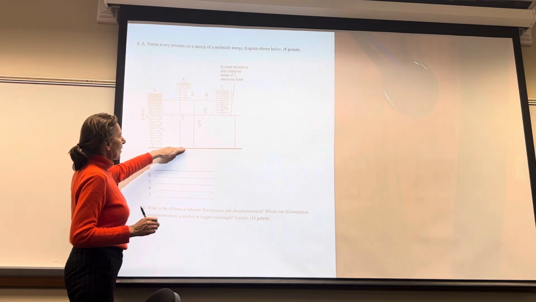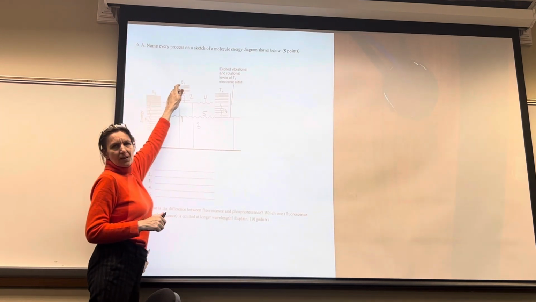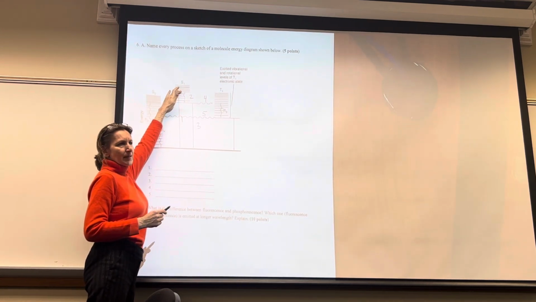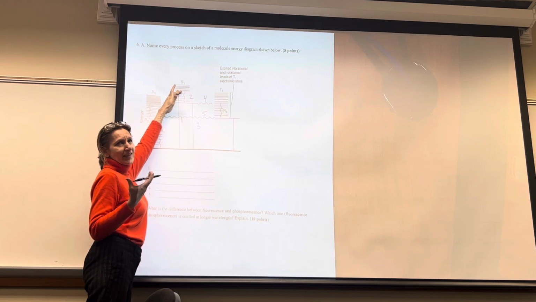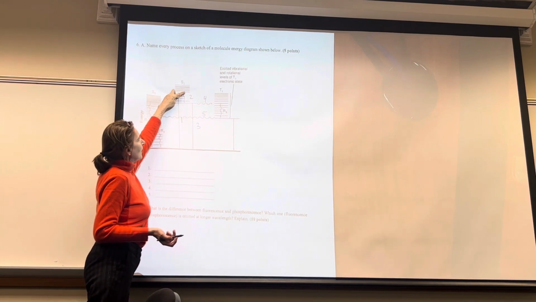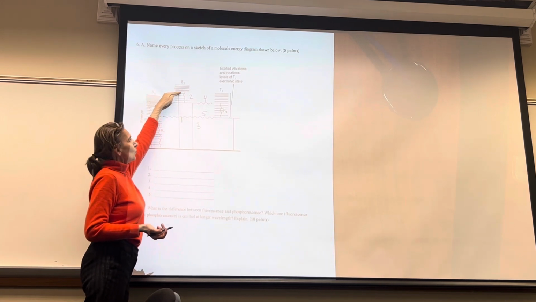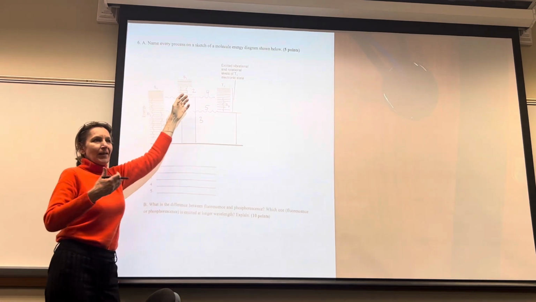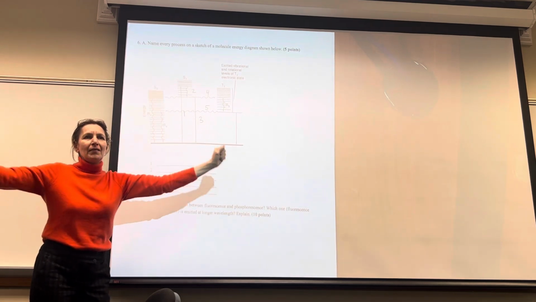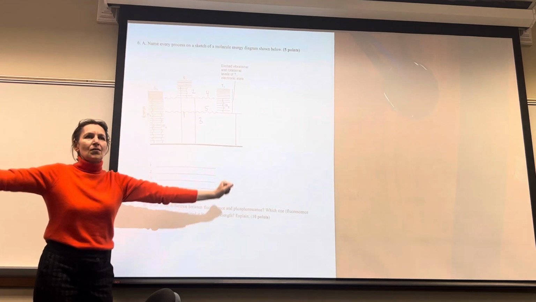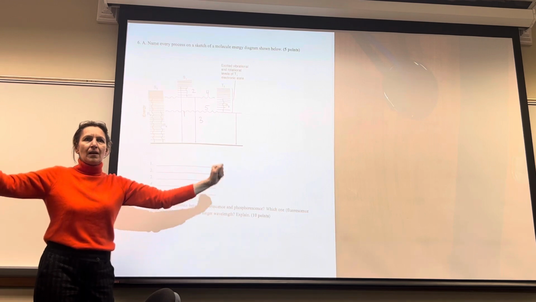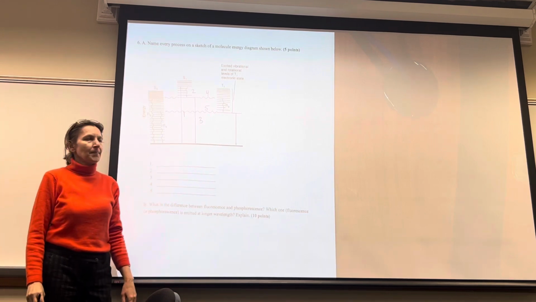If we go from the ground state to the excited state, what is it? Absorbance. How long does it take? 10 to the negative 15 seconds usually. What is this? Number 2. Vibrational relaxation. Whenever the molecules start to increase the amplitude of their specific vibrations.